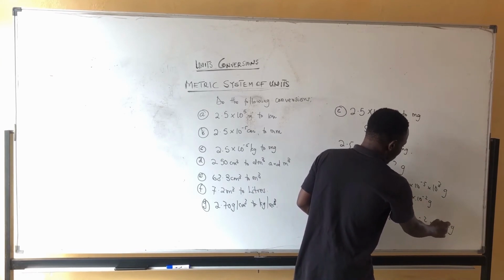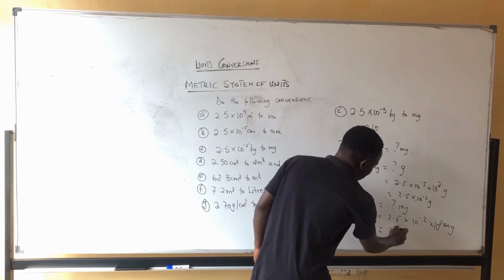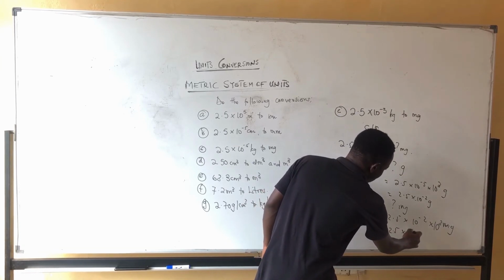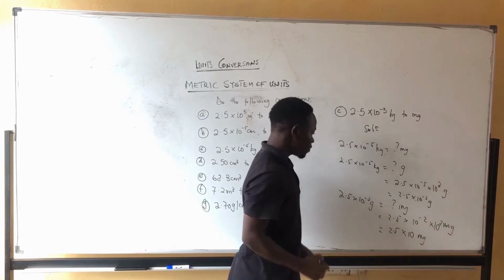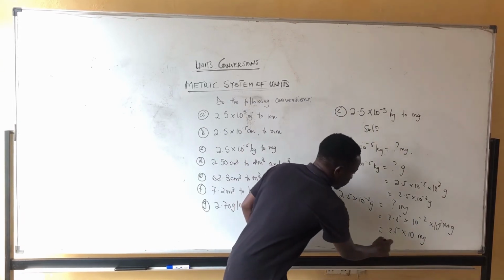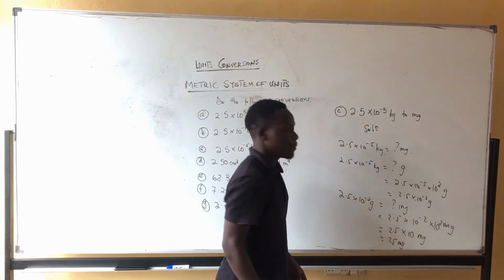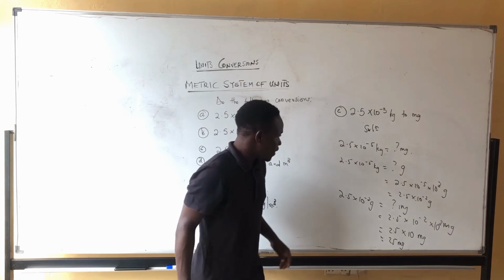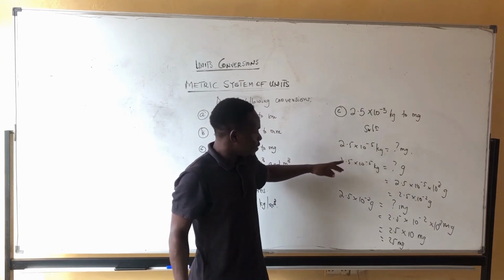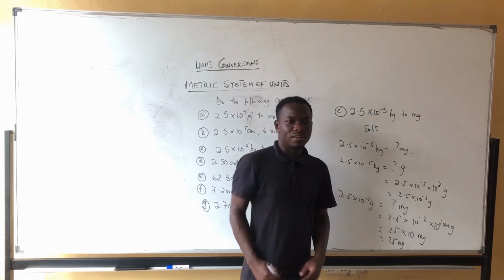I bring the opposite of milli, which is 10 to the power 3. And so therefore I get 2.5 times 10 to the power 1 milligram. That is 25 milligram. This is way bigger than this. So therefore 2.5 times 10 to the power negative 5 kilogram is equal to 25 milligram.